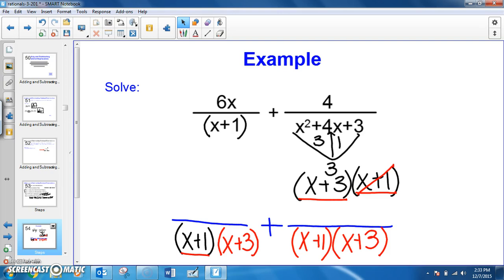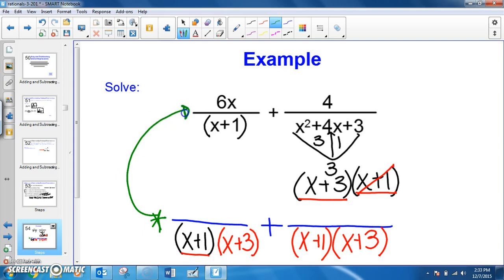Now that I have my common denominator, I want to make these fractions equivalent to the ones that we first started with. So you're going to compare the first fraction with the original first fraction.